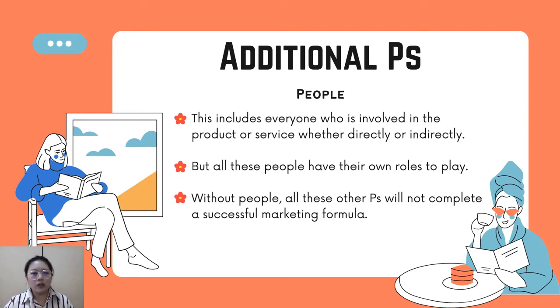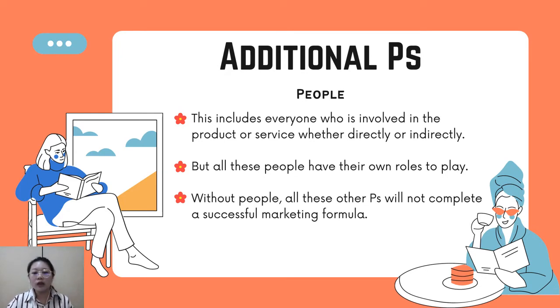Not all of these people can get in touch with the customers, but all of them have their own roles to play in the production, marketing, distribution, and delivery of the products and services to the customers.